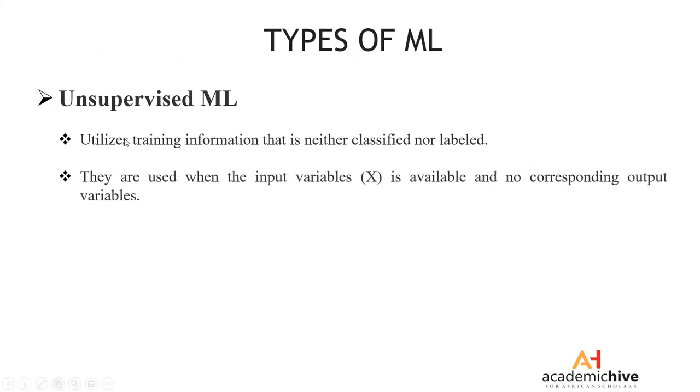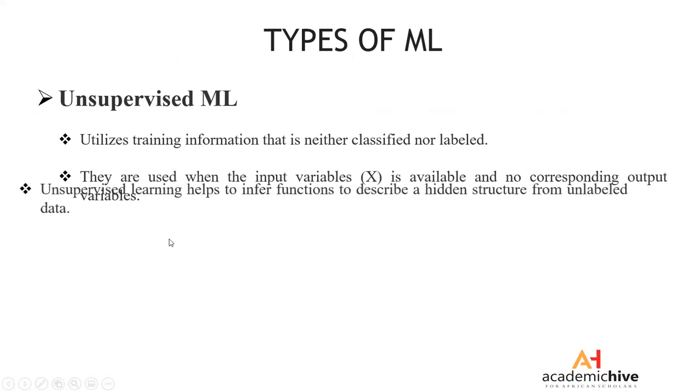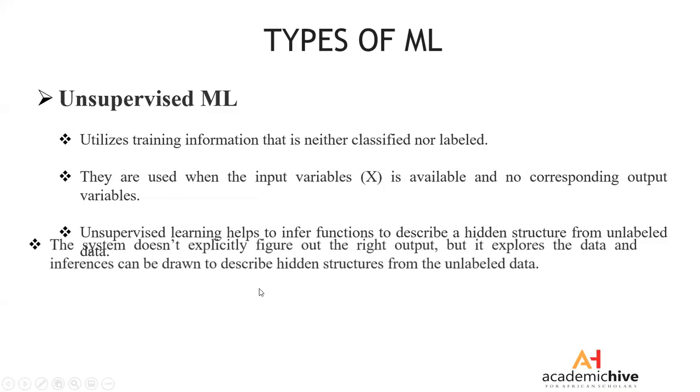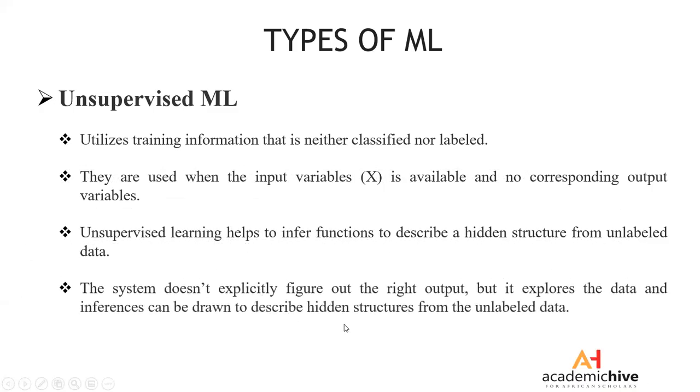They are used when the input variables are available and there are no corresponding output variables. Unsupervised learning helps to infer functions to describe a hidden structure from unlabeled data. The system doesn't explicitly figure out the right output, but it explores the data, and inferences can be drawn to describe hidden structures from the unlabeled data.